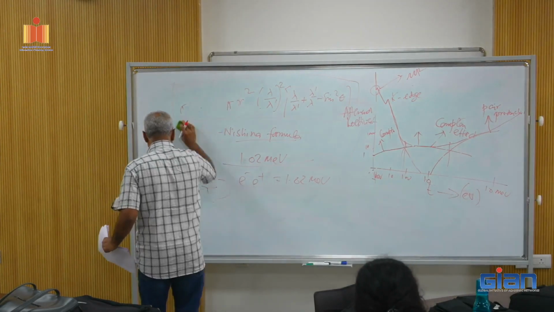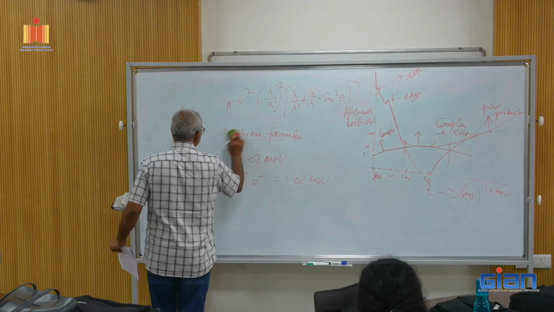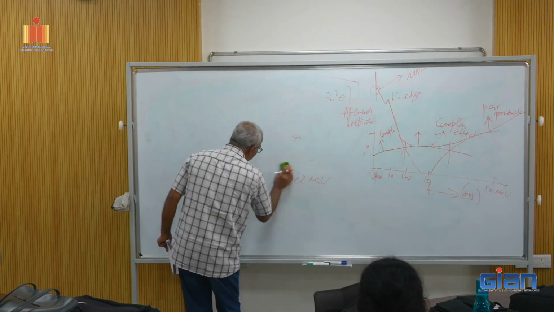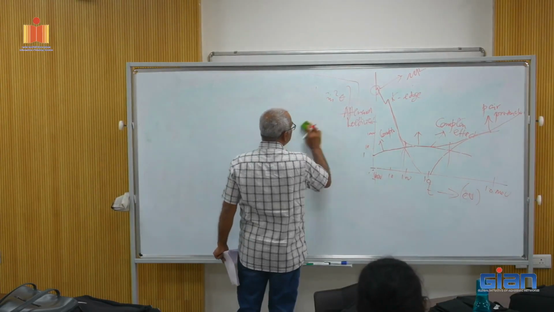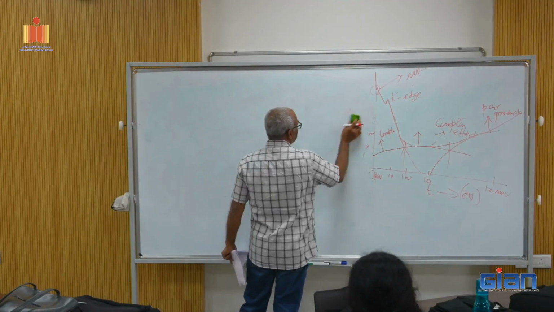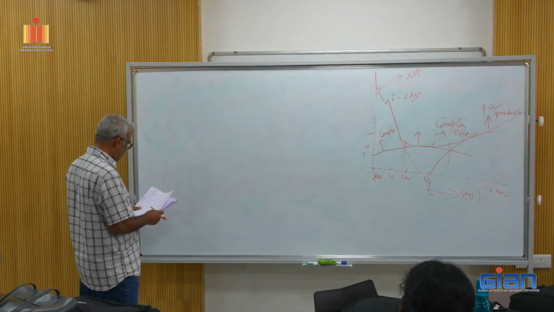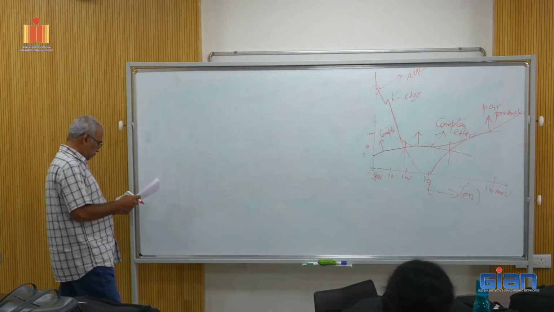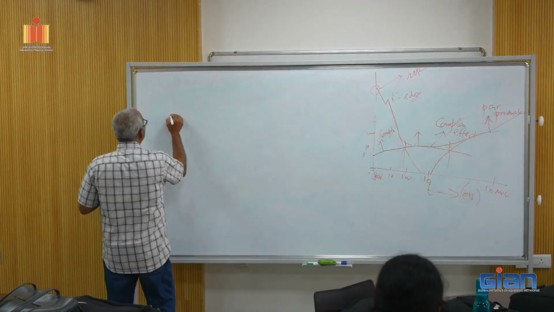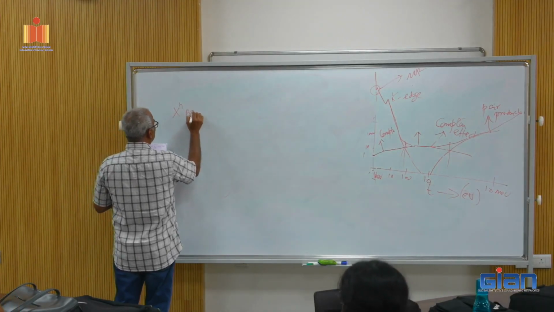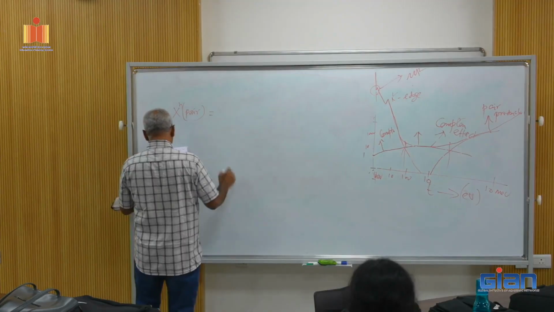This is what pair production is, and we can also find out the specific cross section. I'll write it right away. There is one phenomenon which happens, called screening. I'll explain it maybe after some time. So the pair production cross section is something like this.